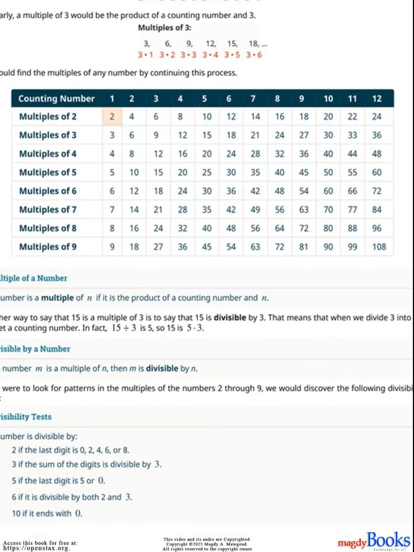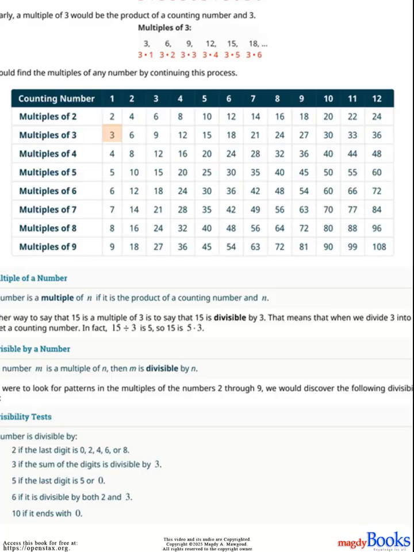Counting number times 2: 1 times 2 equals 2, 2 times 2 equals 4, 3 times 2 equals 6, 4 times 2 equals 8, 5 times 2 equals 10, 6 times 2 equals 12, 7 times 2 equals 14, 8 times 2 equals 16, 9 times 2 equals 18, 10 times 2 equals 20, 11 times 2 equals 22, 12 times 2 equals 24.